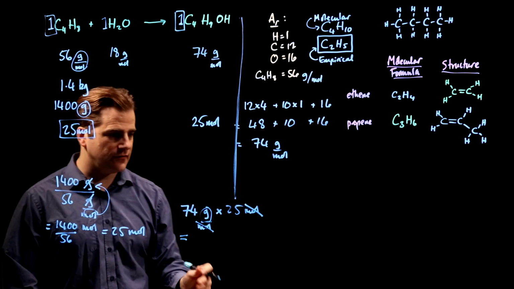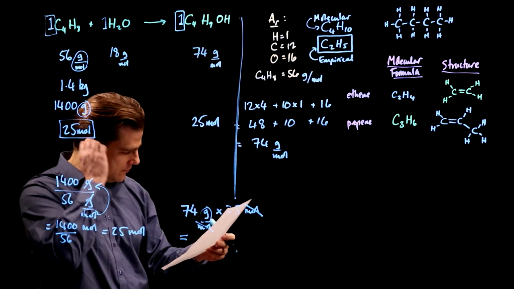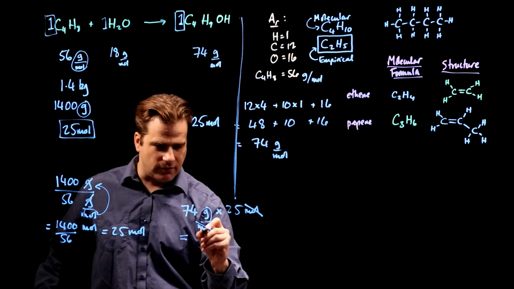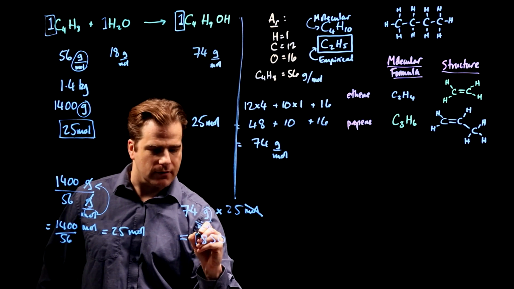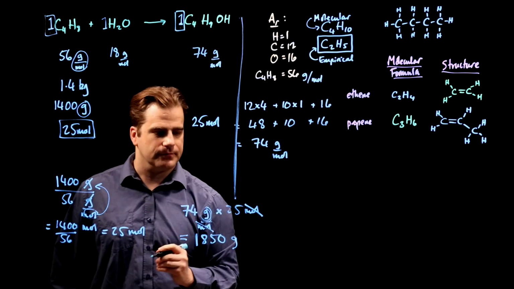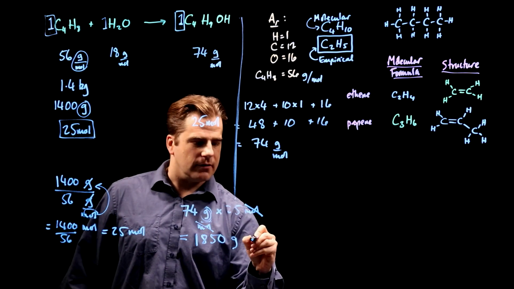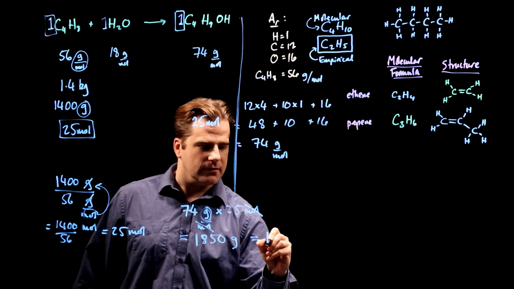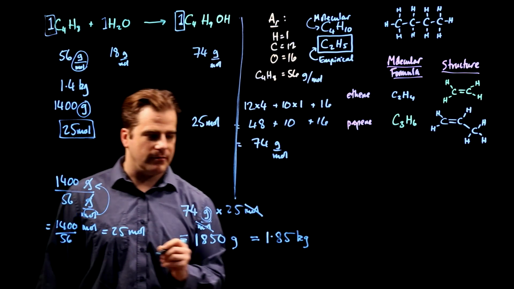So that is 74 times 25 is 1,850. Okay, and we're left with grams. Bloody pen. And that is 1.85 kilograms.